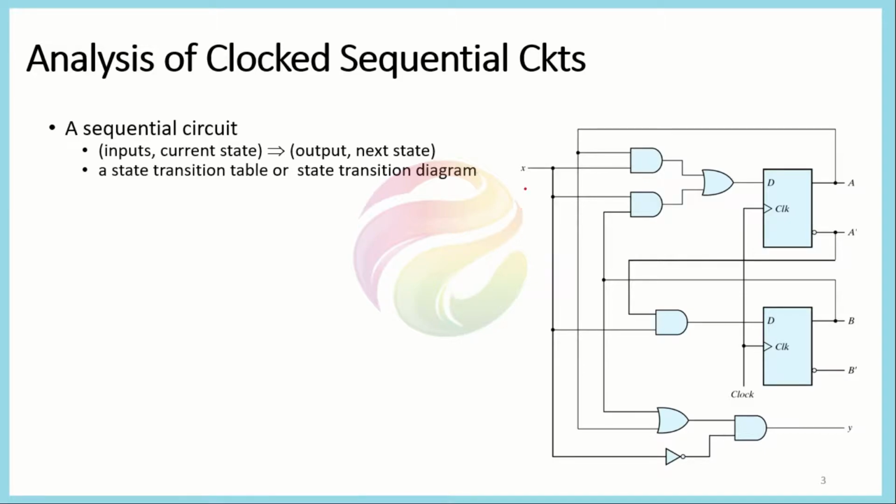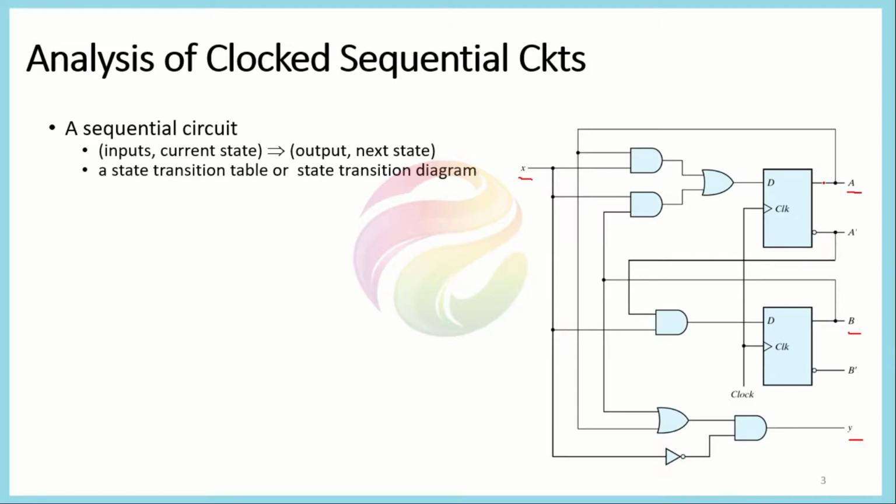The input here is represented as X, while the output is represented as Y. The states of the system are represented by two variables. The first one is A and the second one is B. Basically, A and B are representing the outputs of two D flip-flops. Both of them are positive edge triggered.